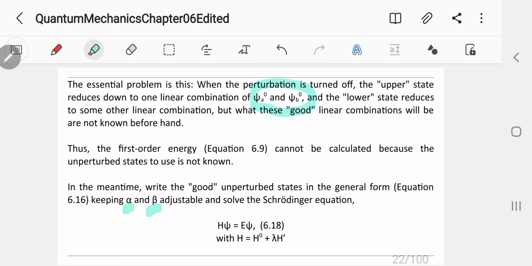The first order energy cannot be calculated because the unperturbed states to use is not known.